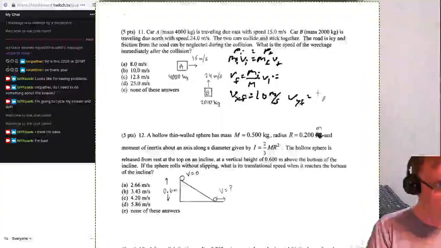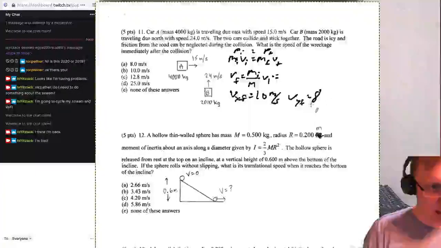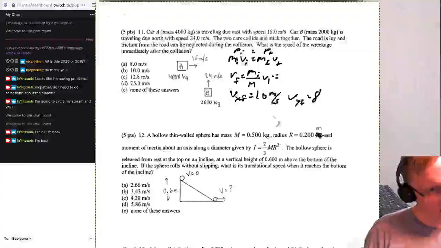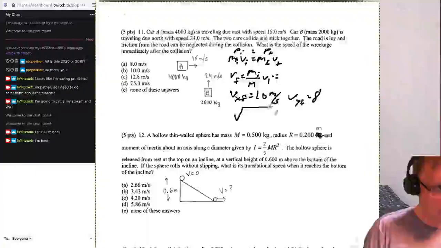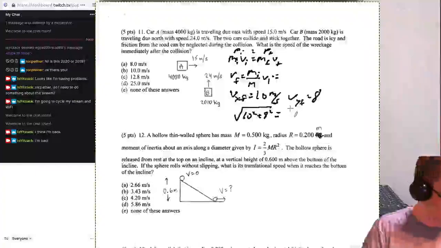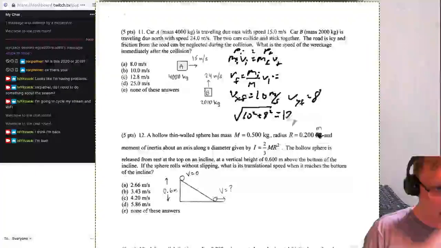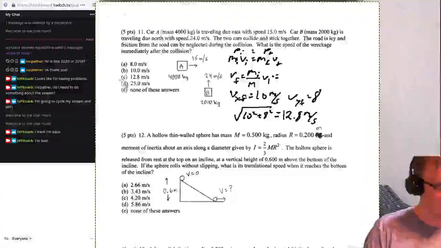Vy final is, let's see here, 2,000 times 24 divided by 6 is 8. Okay, so this is 4 and 5. That is unfortunate. So we go to our Pythagorean theorem. 10 squared plus 8 squared is, I don't know. That's why I have a calculator. 12.8 meters per second.